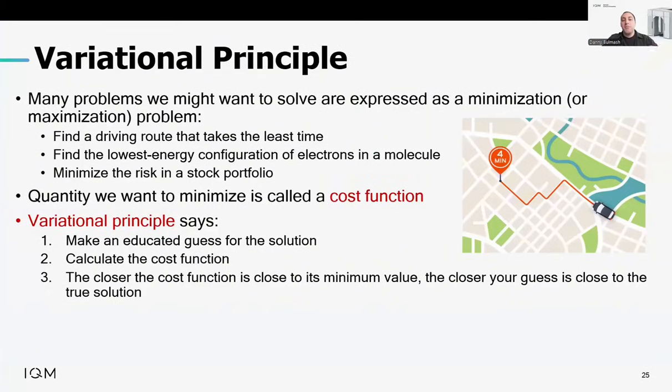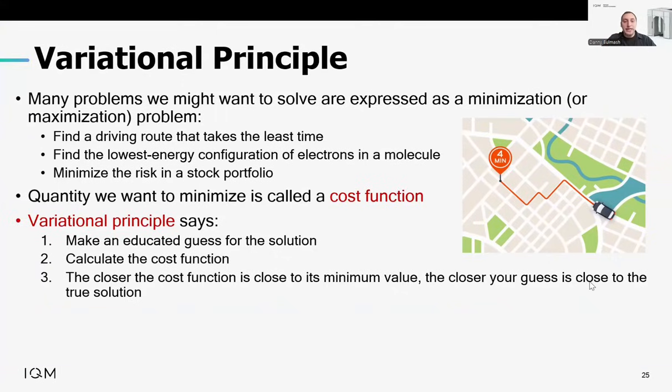So many problems that are interesting to solve are expressed as minimization problems or maximization. Maximization also works. So for example, you might want to find a path to drive somewhere that takes the least possible time. That's what your Maps apps are doing constantly on your phone. They're trying to find paths to drive on that take the least amount of time.